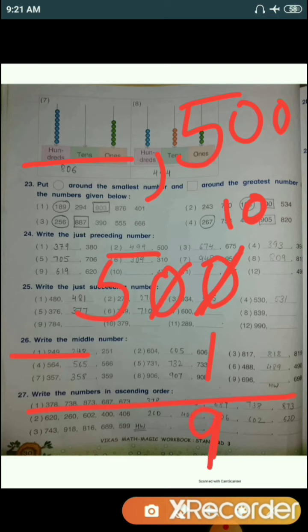Now again I will cut this 0 here and I will write here 9. So 9 I will write as it is. I will cut this 5 and write here 4, and 4 again as it is. So the preceding number of 500 is 499.